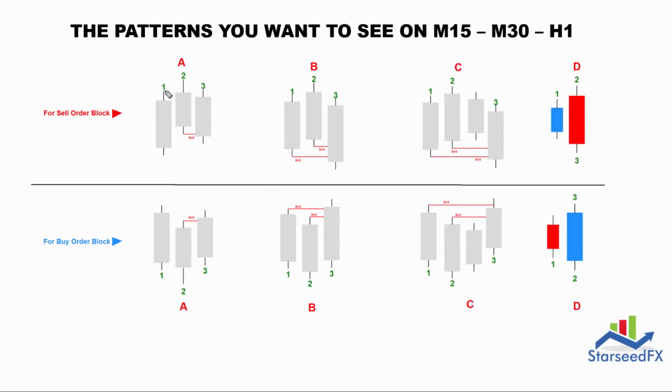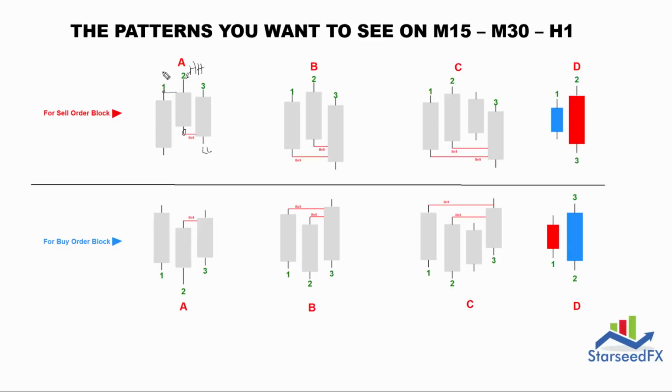The high of candle number 1 is taken by candle number 2. That makes number 2 a higher high, this one. And now the low of candle number 2 is taken by candle number 3. That makes the low of number 3 a lower low.